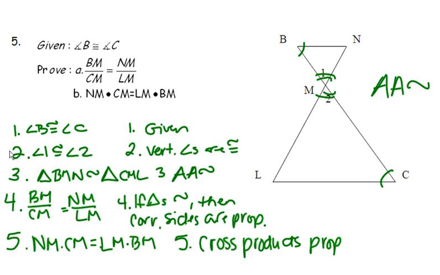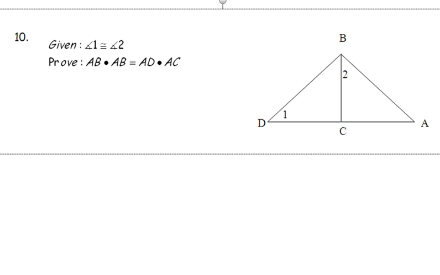Let's look at one that's a little more circuitous. All right, so here I am given that angle 1 is congruent to angle 2. And I have to prove that side AB times side AB equals side AD times side AC.